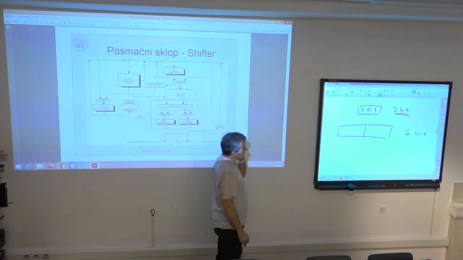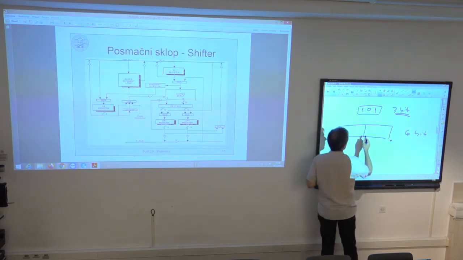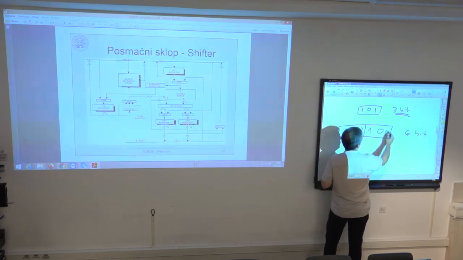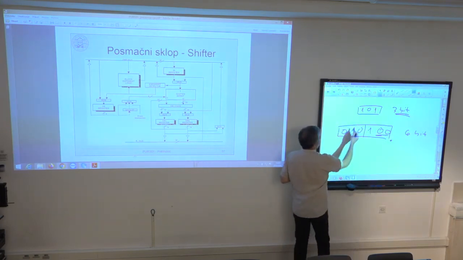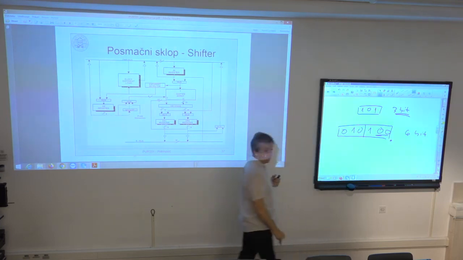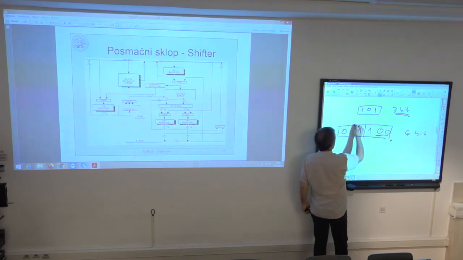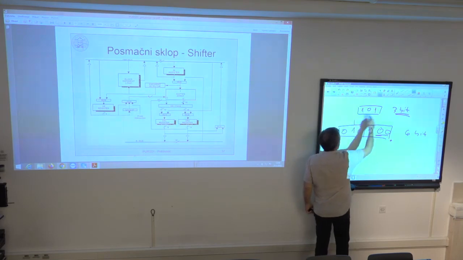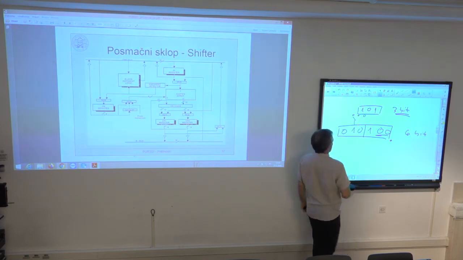For example, I want to shift relative to this position here, to the lower word, but 2 positions to the left. Then I would have the value here, 1, 0, 1, 0, 0. So I want to shift in from the right side 2 zeros, and this would be 0. But what I actually have here is a multiplexer which says which of these 3 bits are forwarded to this position.